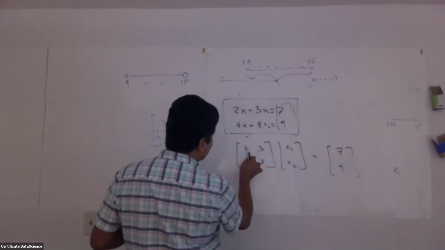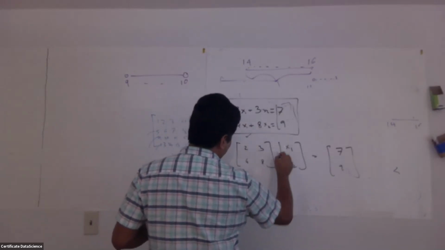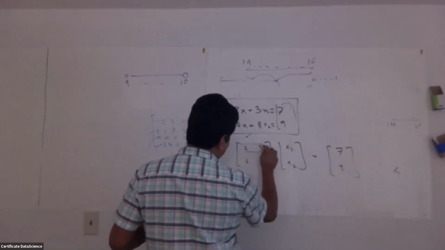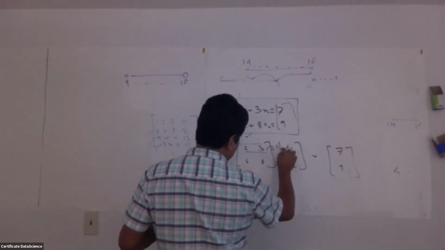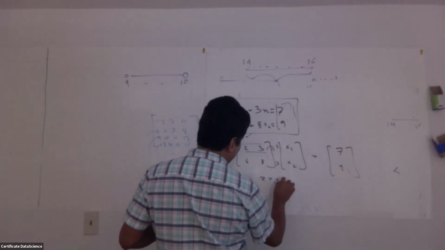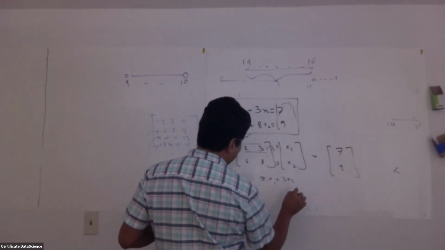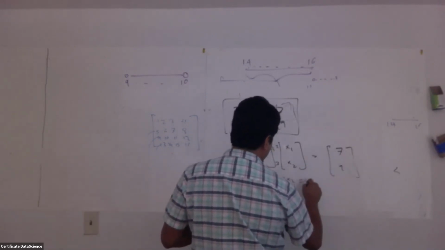So the way it works is that you think of them this way and multiply together, bring this together, rotate it so that it looks like 2, 3, multiply, add them: 2x1 plus 3x2, and equate to the first guy, 7.